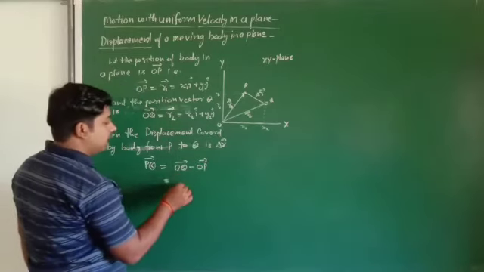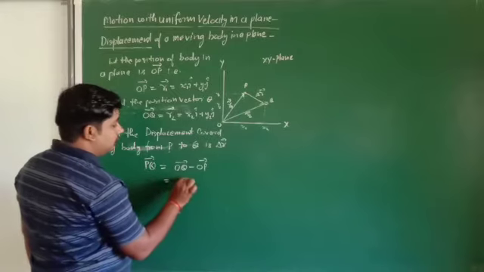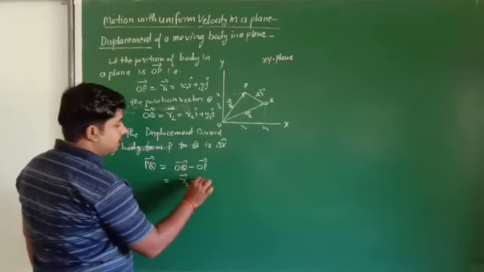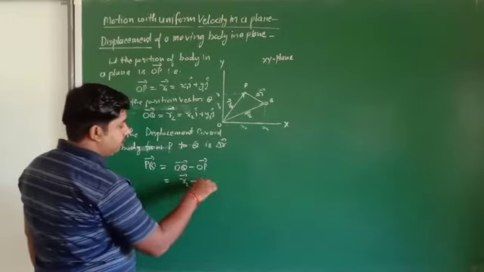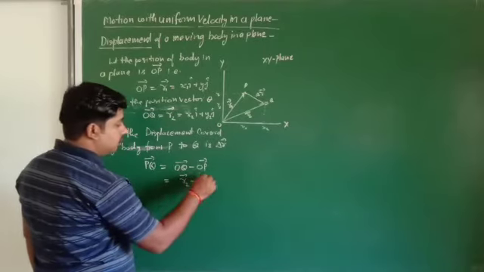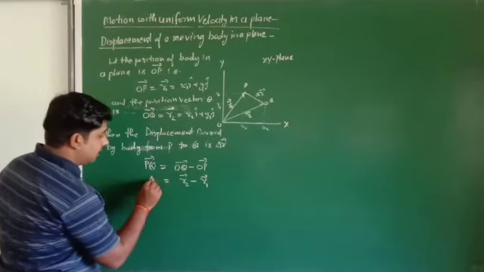OQ we consider as R2, minus R1, and this is delta R.